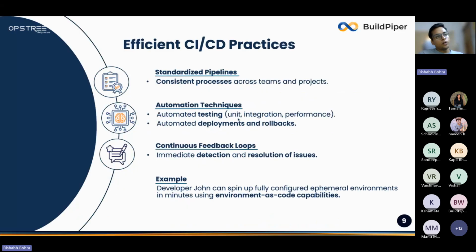So that was all about the benefits of an IDP. We will now briefly cover the efficient CI and CD practices and also some of the automation blueprints that you can use even if you don't have an IDP.